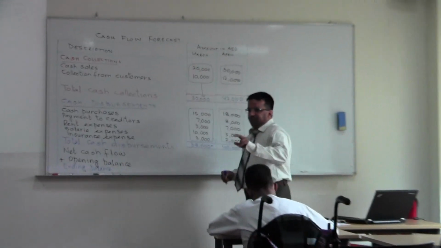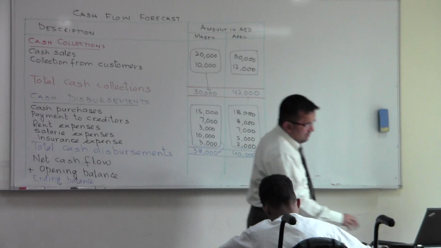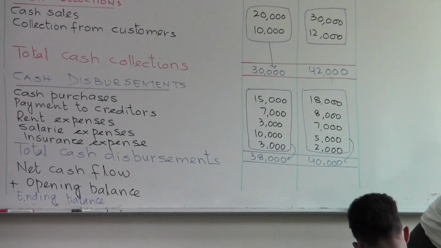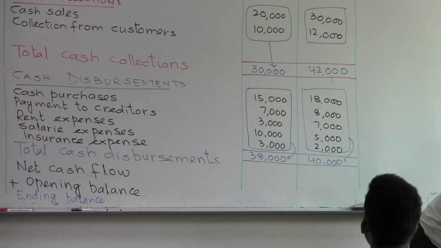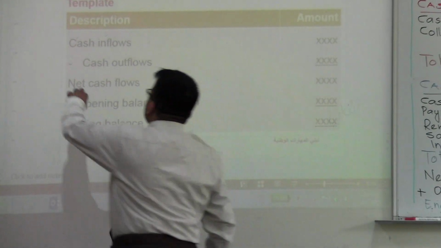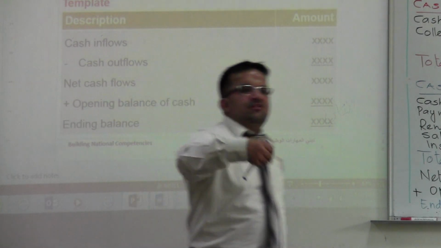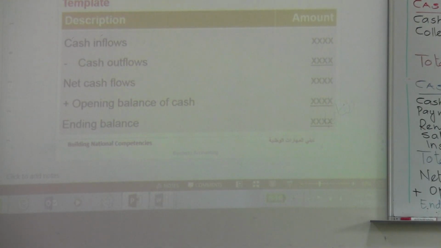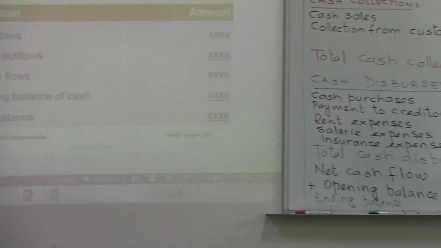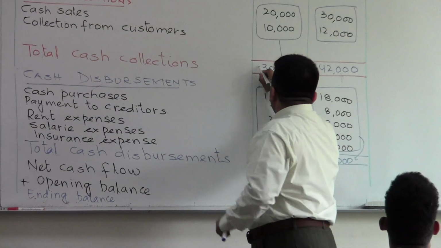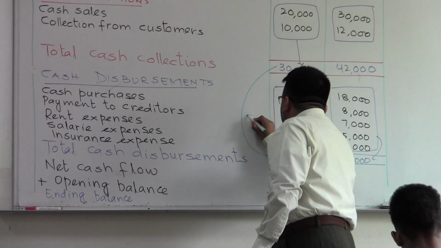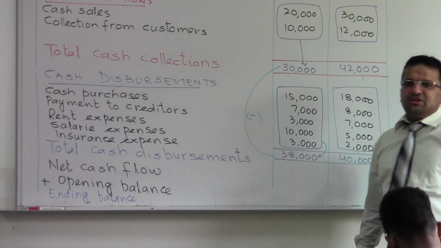Okay? Now we need to subtract them by each other. If you see here, we studied, this slide will work here. Total inflows are with us, total outflows are with us. Majmua inflow, yani total inflow naqis minus total outflow. So 30,000 minus 38,000.